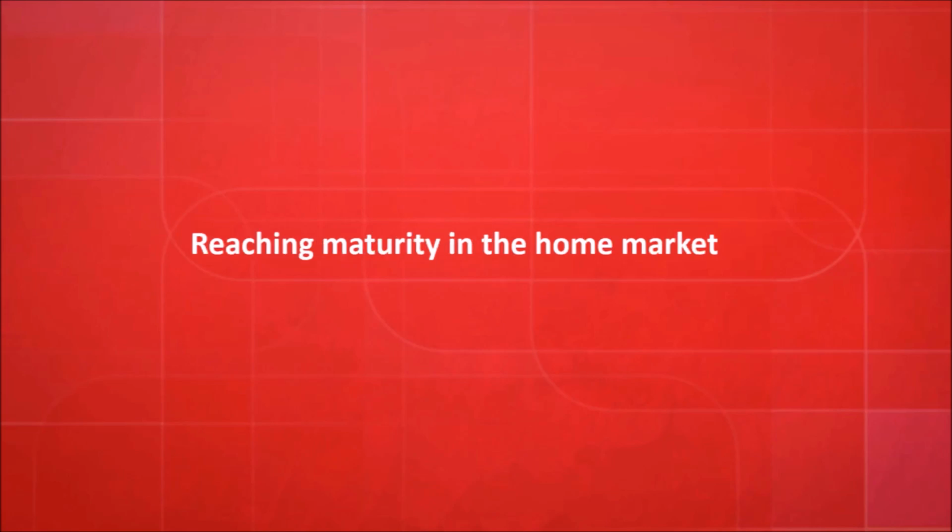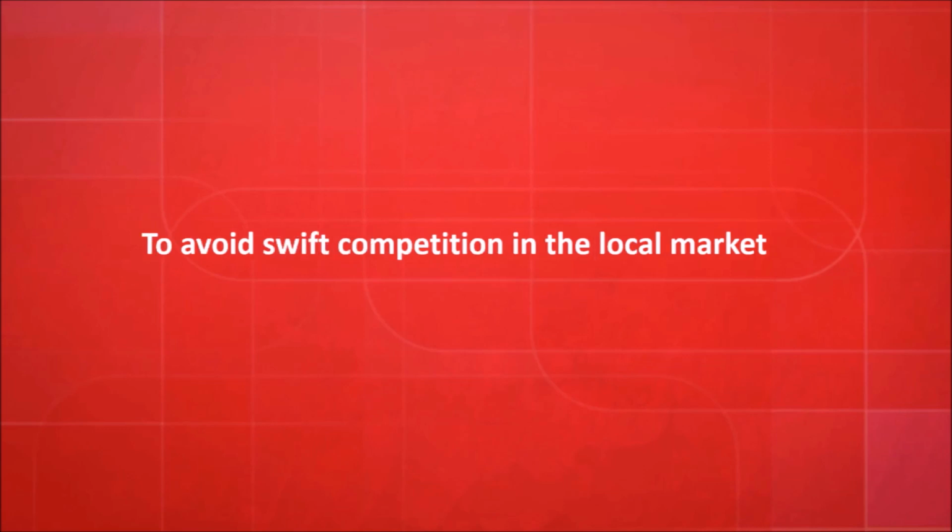Sometimes companies go global when they reach maturity in the local market and do not have any potential to grow, or else when they face swift competition in the local market, as a means to avoid competition.